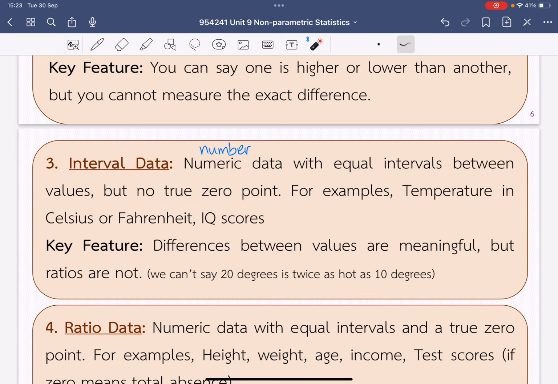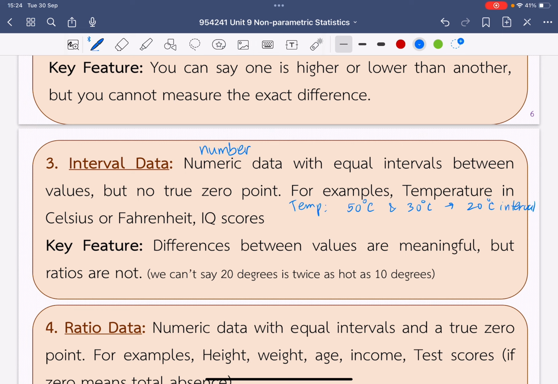What does it mean? For example, the temperature in Celsius or Fahrenheit, or IQ score. It has equal intervals between values. If you say temperature, the difference between 50 degrees Celsius and 30 degrees Celsius, the interval will be 20 degrees Celsius.